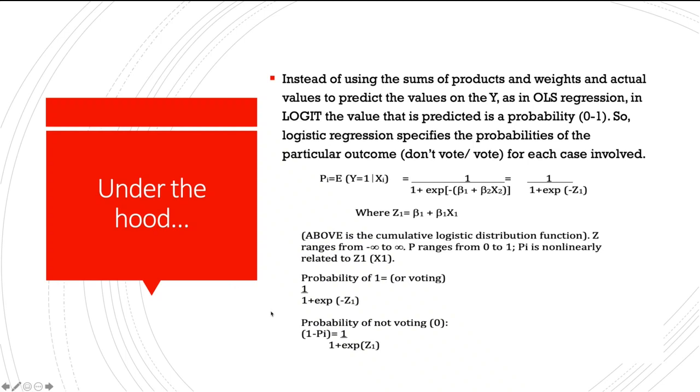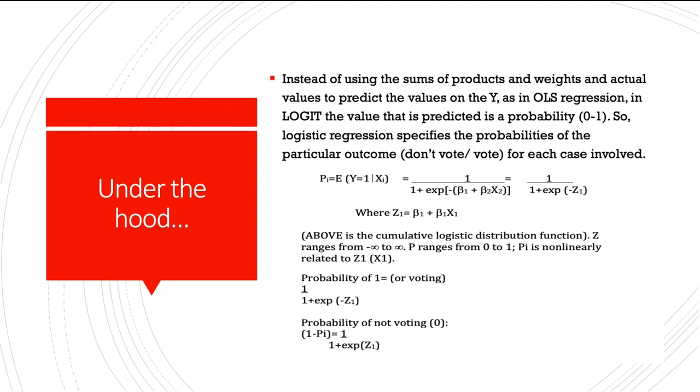And in case you're curious right now, what you're looking at is the basic algorithm, the basic meat underneath this particular model. It's a simple probability equation that depends on a cumulative logistic distribution function where z will range from negative infinity to positive infinity, p ranging from 0 to 1, and these are related.